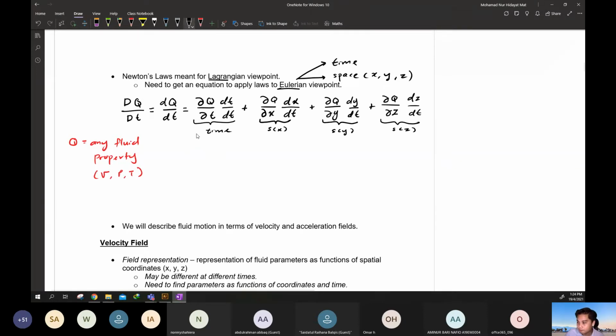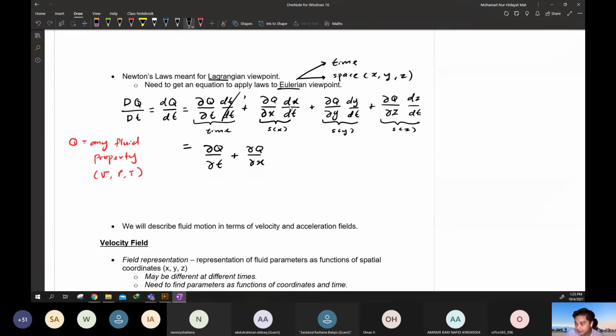So from here, you can see dt over dt is equal to 1. So we can simplify: partial derivative of q over partial derivative of time, plus partial derivative of q over partial derivative of x.